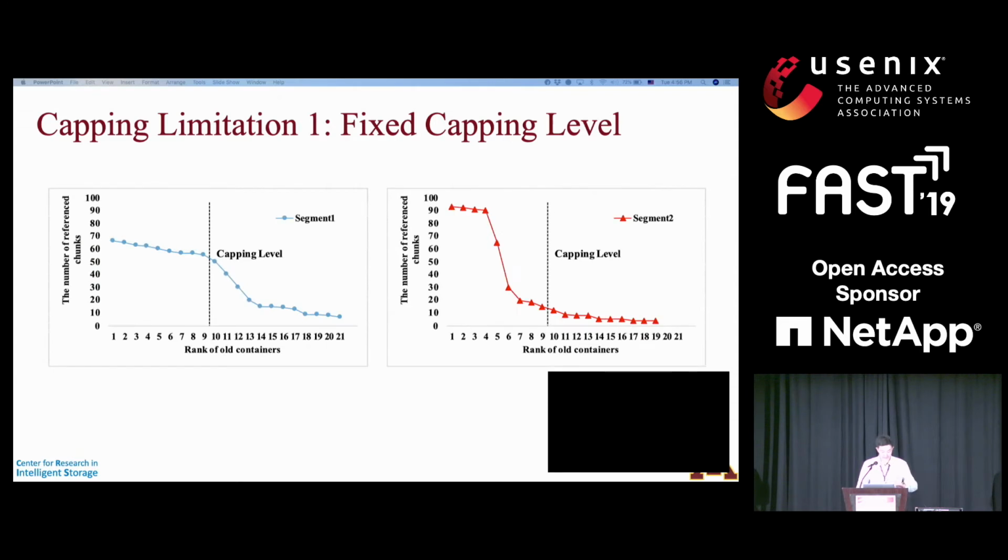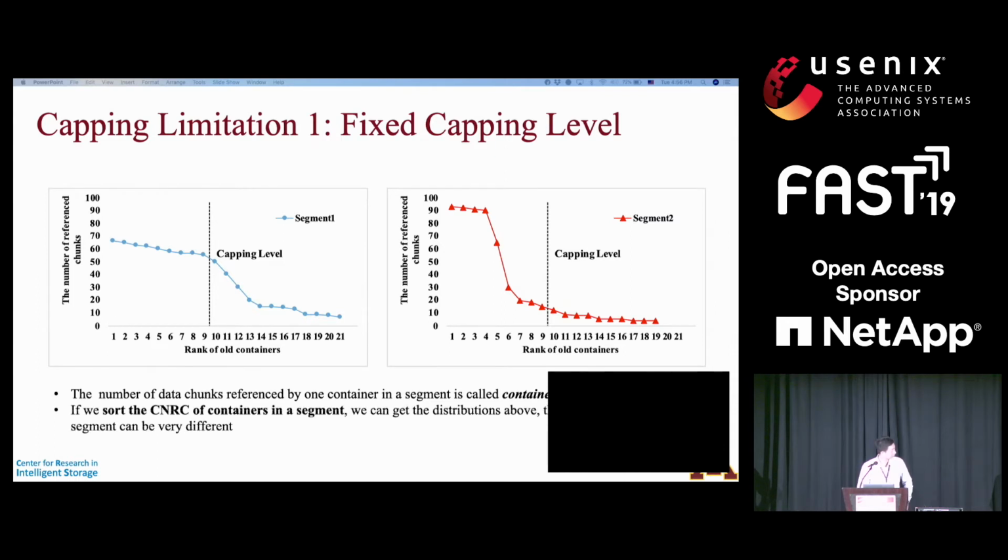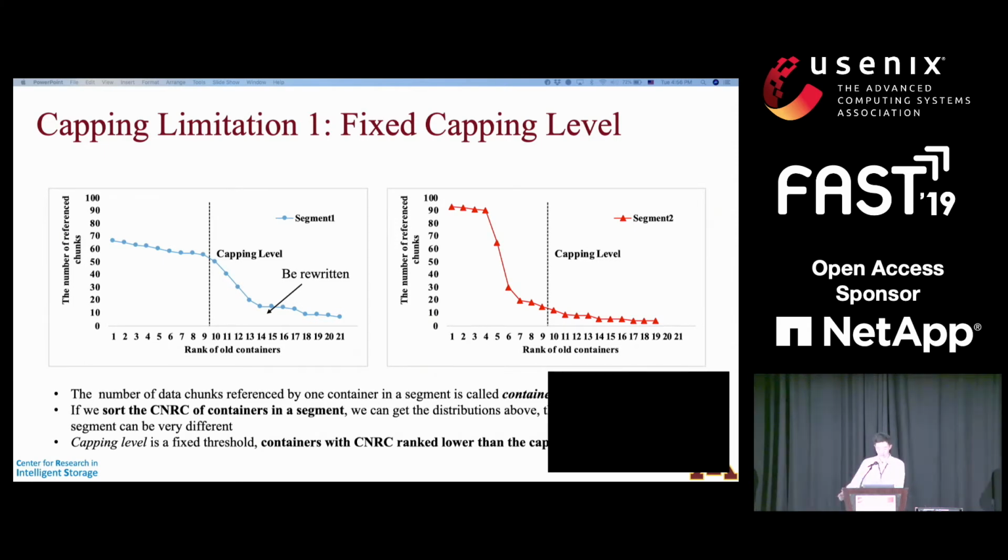First, they use a fixed capping level. Like I said, they do sorting on the reference count, and then they just pick up the containers with higher referencing count and store them, and pick up the right side ones to be rewritten because they have lower referencing count. If we read them out in the future, that will cost a lot.